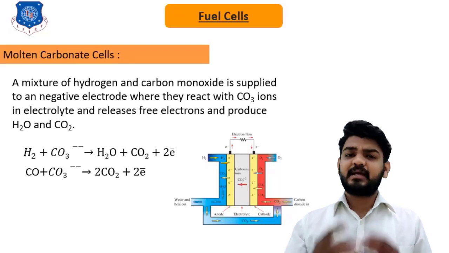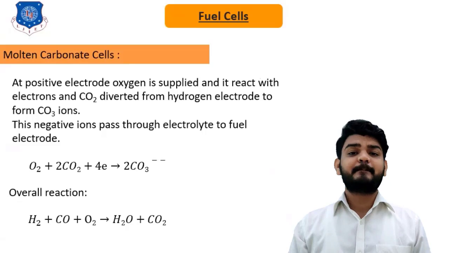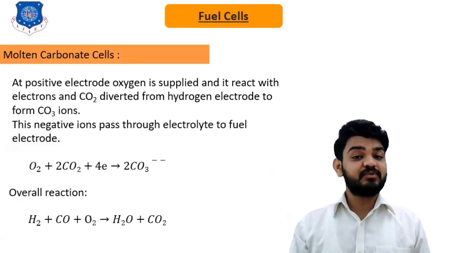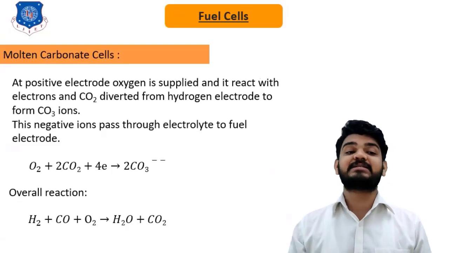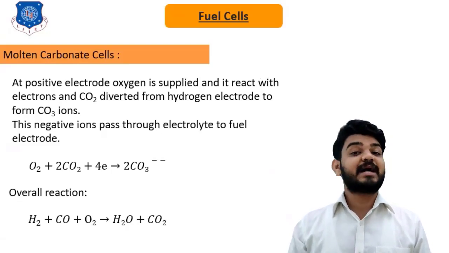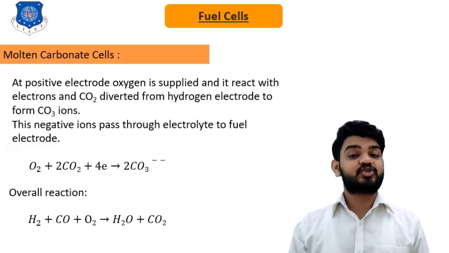So at the cathode, the reaction taking place is O2 plus 2 CO2 plus 4 electrons gives 2 CO3 2- ion. The overall reaction for a typical molten carbonate fuel cell is H2 plus CO plus O2 gives H2O plus CO2.